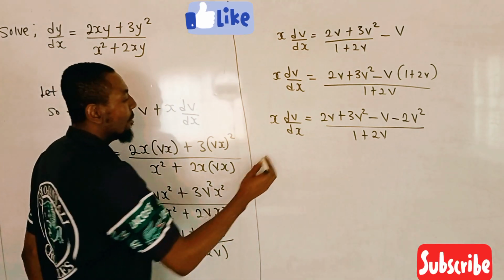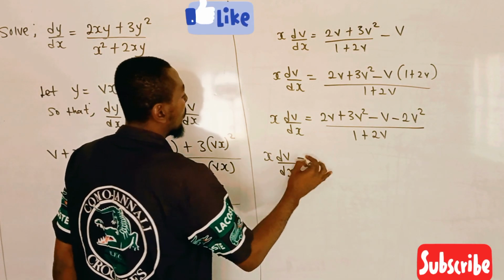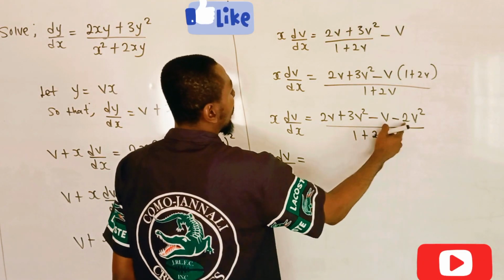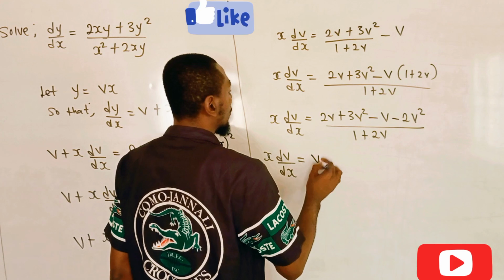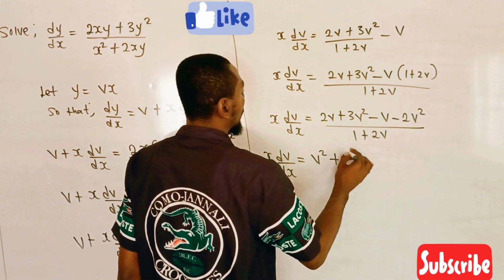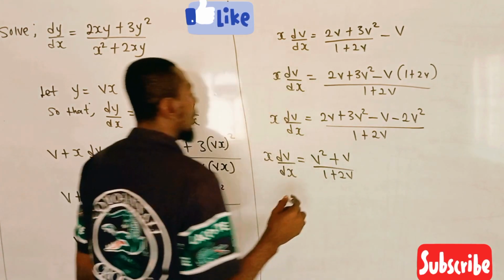Alright, so we have x dv over dx is equal to 3v squared minus 2v squared is v squared, and then 2v minus v is plus v, all over 1 plus 2v.